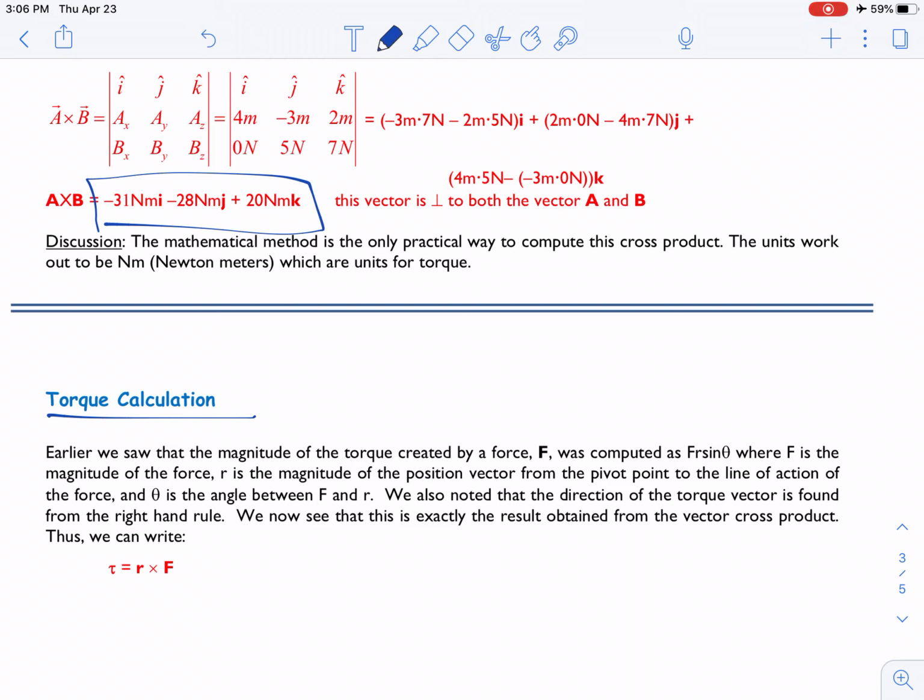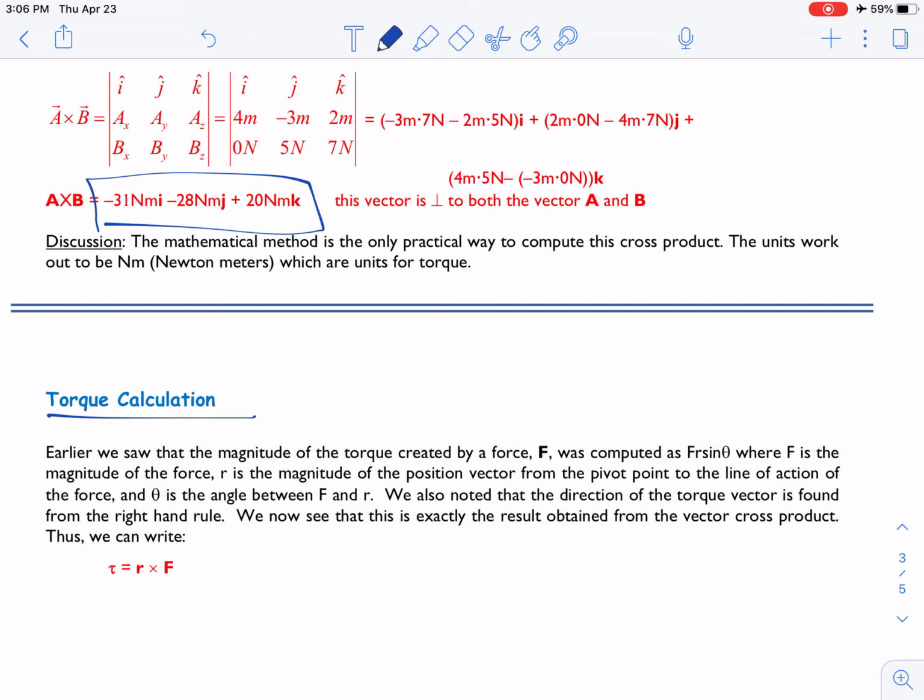And theta in this equation is also the angle between F and R. They are vectors, and we also noted that the direction of the torque vector is found from the right-hand rule, because we are using the cross product. Okay, so when you see a cross product, the first thing that comes to your mind is that the direction is related to the right-hand rule.